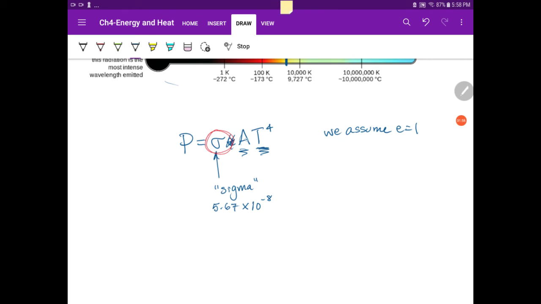Because it's multiplied by area, and we're trying to get power, we're going to have to divide by area. And because it's multiplied by temperature to the 4th, we're going to have to divide by temperature to the 4th. And we want watts because it's power, so this will be watts per meter squared per Kelvin to the 4th. This is called the Stefan-Boltzmann Law, for the people who discovered it.